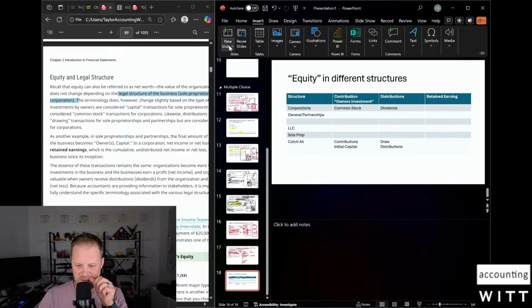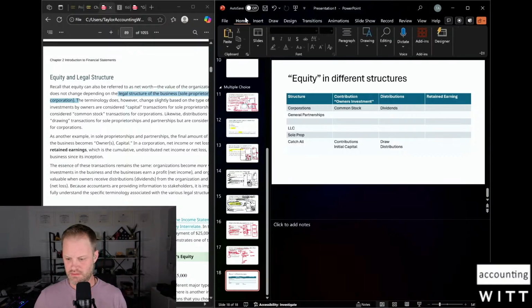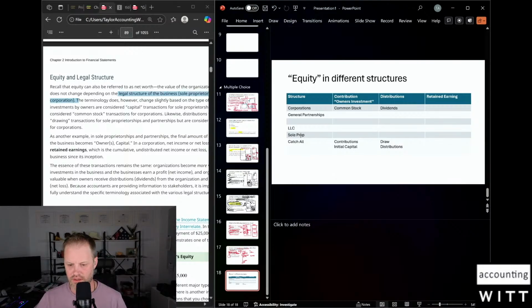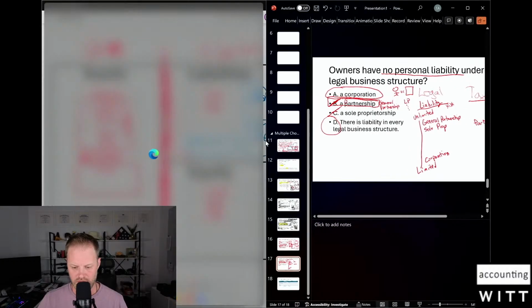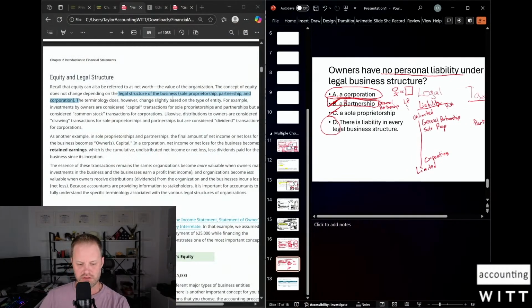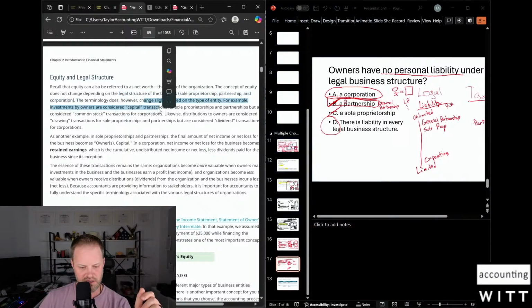Where's my text? I want to insert text. Whatever. Okay. Point is, we need to come back to that. All right, back over here. So this is talking about legal structure, terminology changed slightly depending on the type of entity, capital transactions, common stock.